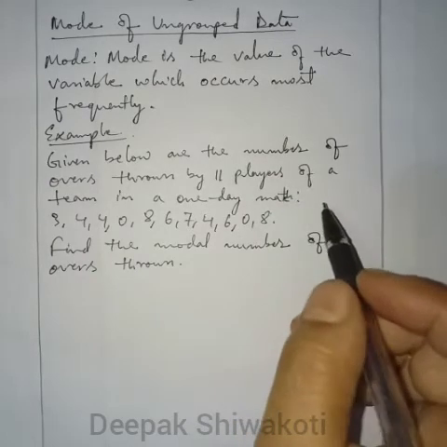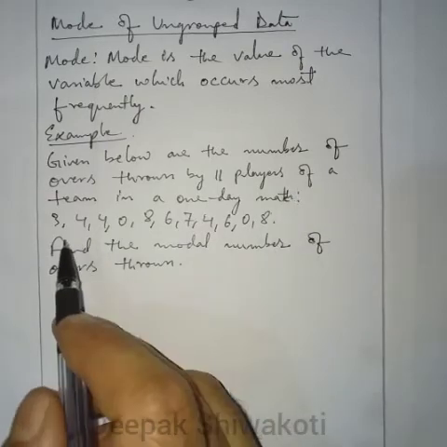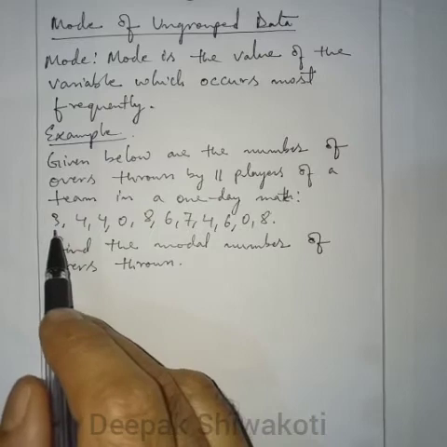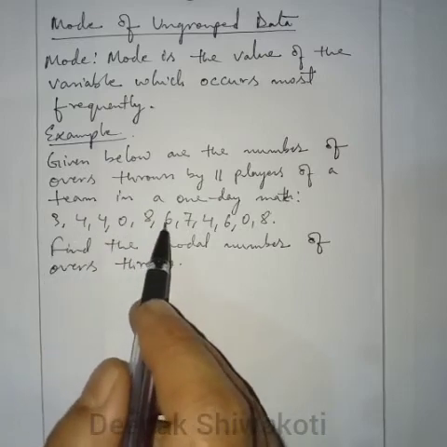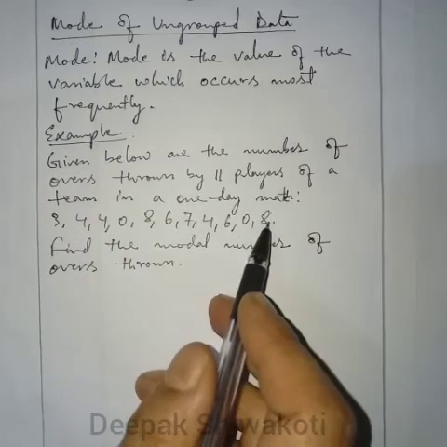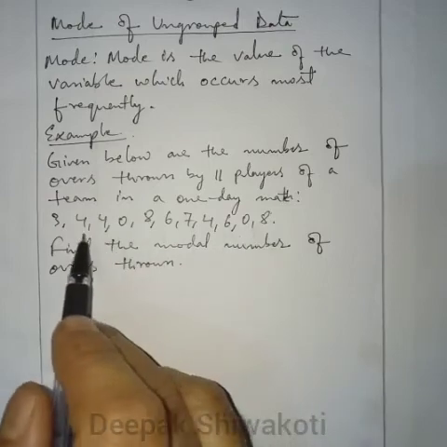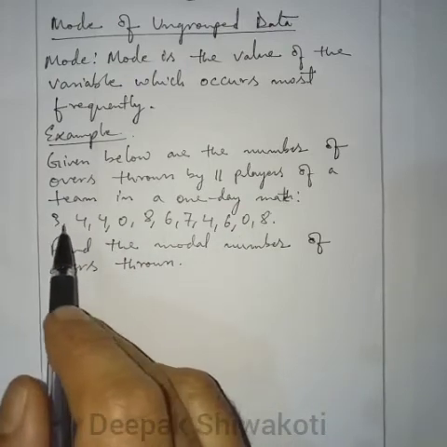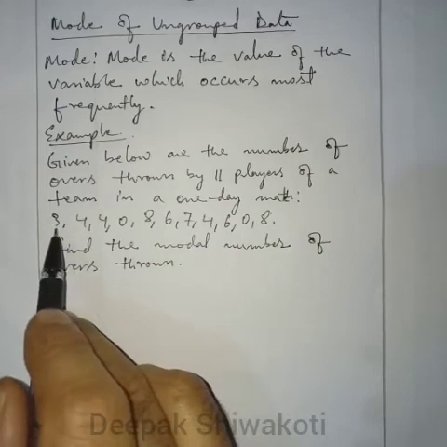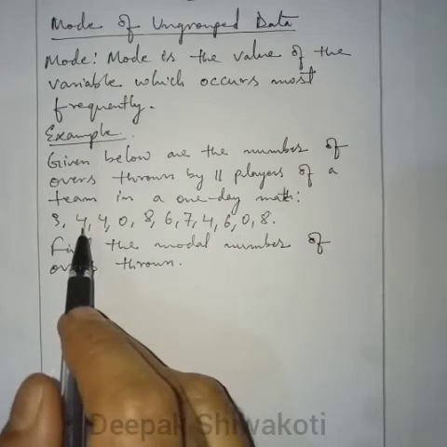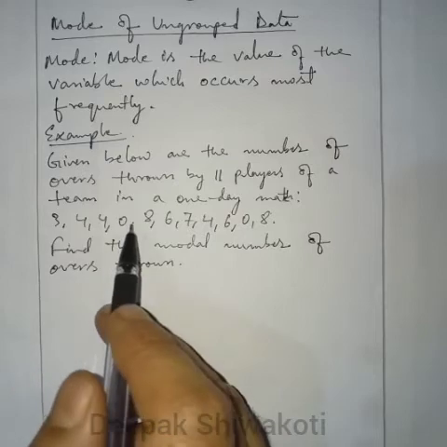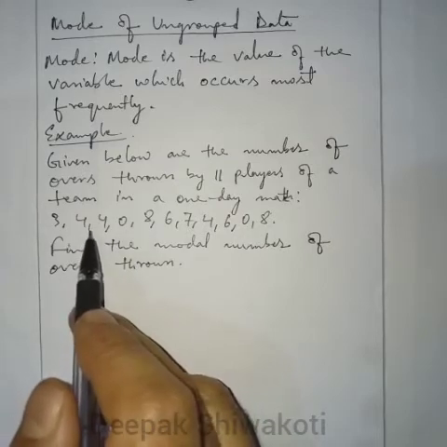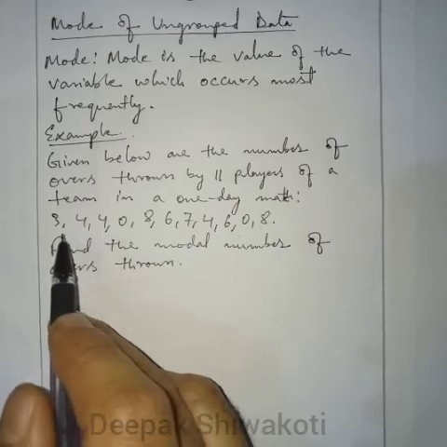The number of overs thrown by each player: 1, 2, 3, 4, 5, 6, 7, 8, 9, 10, 11. Eleven players are there, the first player threw 3 overs, the second player 4 overs, like that. Which observation is most frequent? We have to see this.